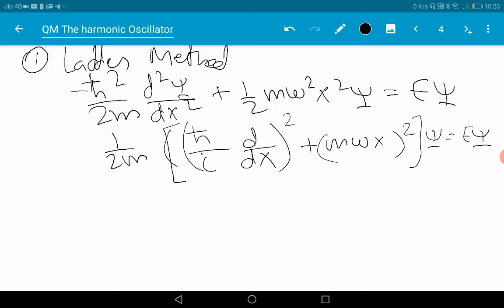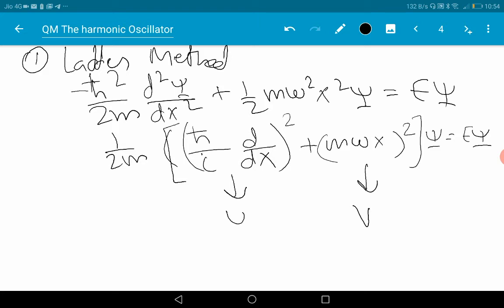I hope this is not very confusing, because we just took 1 by 2m common. If you multiply the 2m back in, it becomes the same as the above equation.